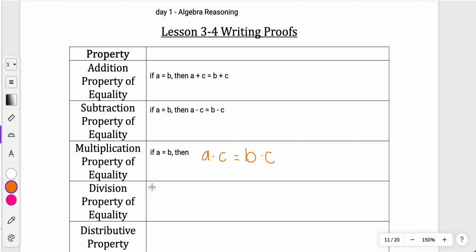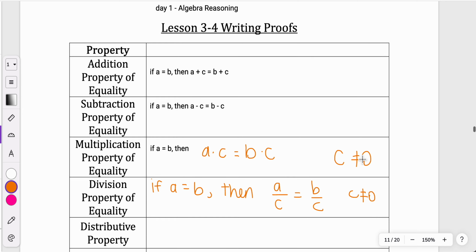The division property of equality, if A is equal to B, then A divided by C is equal to B divided by C. So again, showing that when we divide both sides by a real number that is not equal to 0, I'm going to add that in here, we can balance that equation. C also should not be equal to 0 when we have that multiplication property of equality.